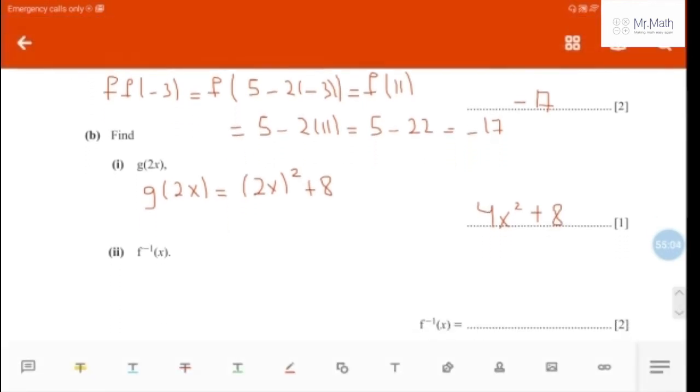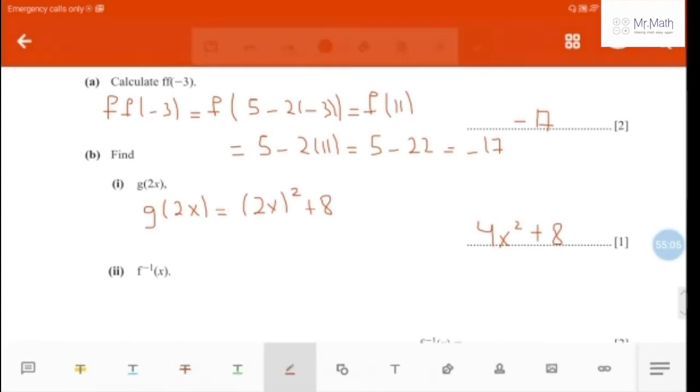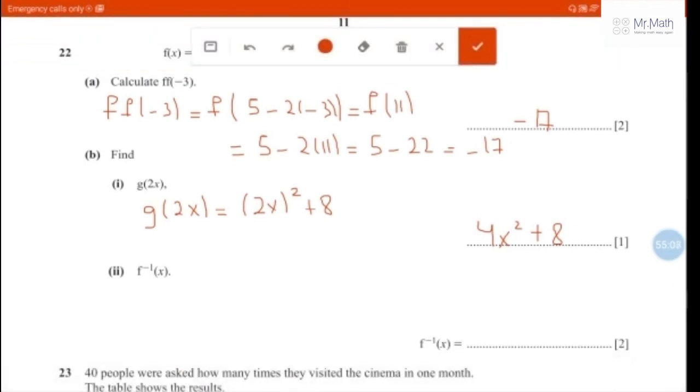And in part B double I, I want to find the inverse of the function f of x. Now f of x is equal to 5 minus 2x. So the first step is to replace f of x by y. So I have y equals 5 minus 2x.